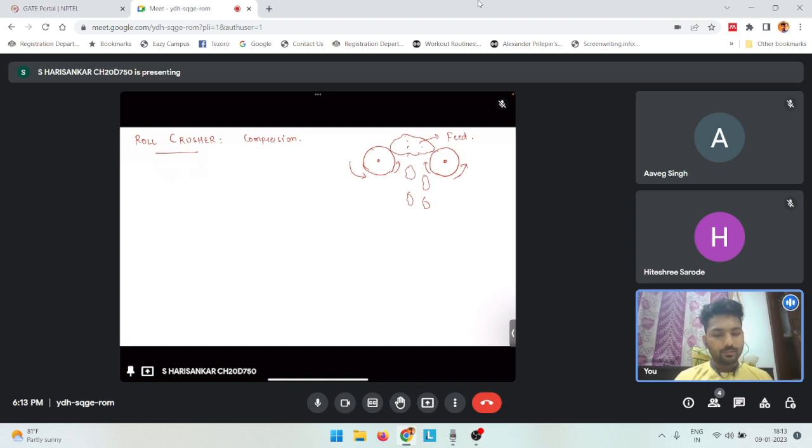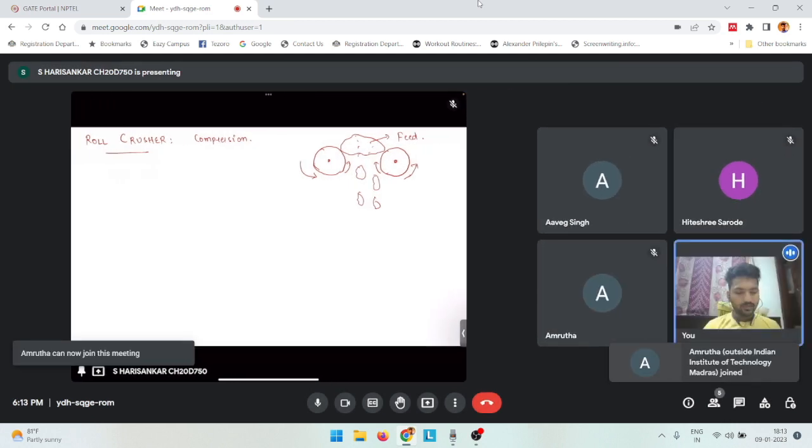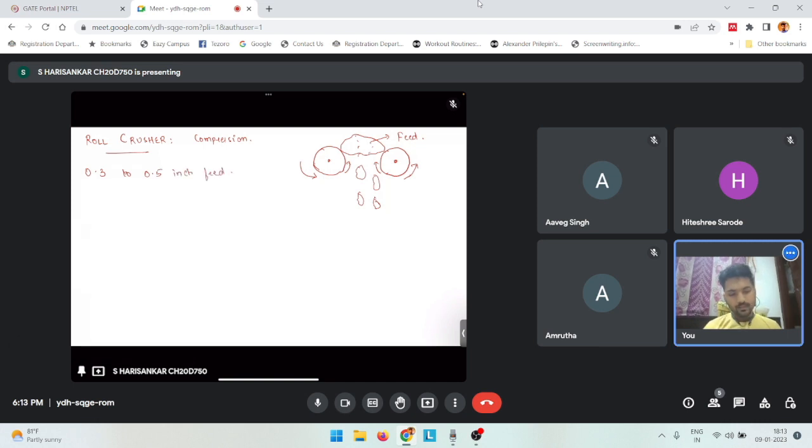Usually you can feed roll crushers with a feed ranging from 0.3 to 0.5 inch, and on the outcome you can get products which are very small, in the range of 20 mesh size.